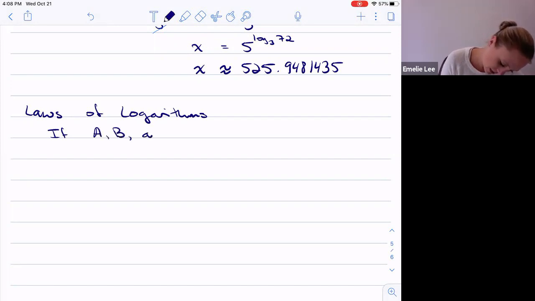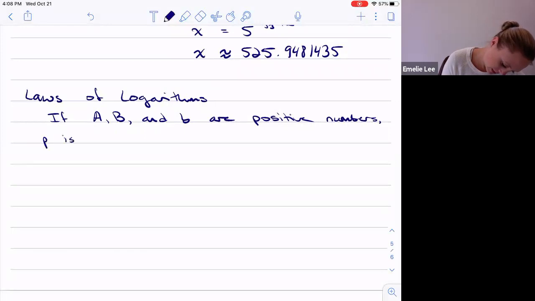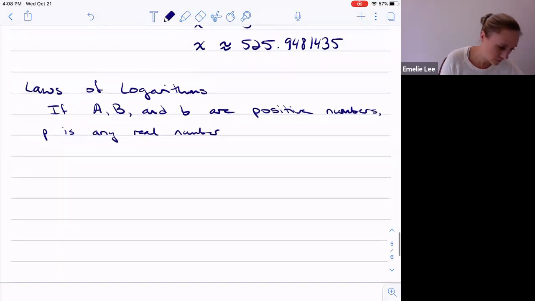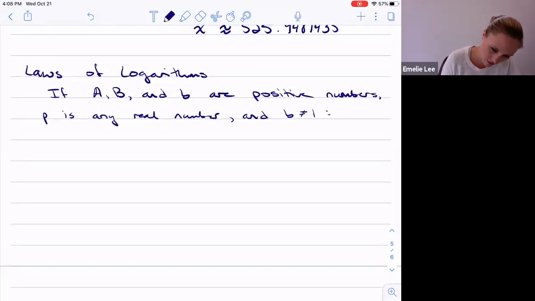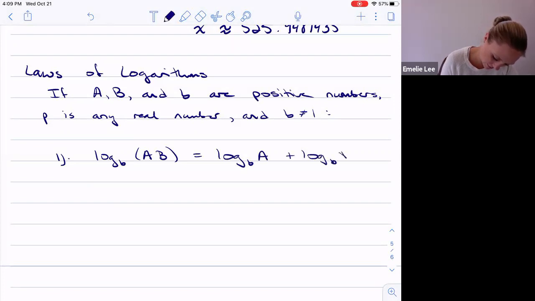So if a and b are positive numbers, lowercase p is any real number, and the base, I'm not going to let it be 1, the first rule says that log base b of a times b is the same as the log base b of a plus the log base b of b.